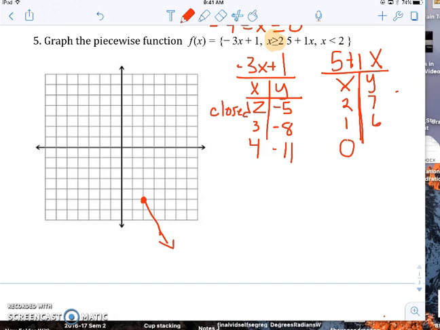And 5 plus 1 times 0 is 5. But this would be an open circle because of our inequality right here. So we have 2, 7, and then we have our piecewise function there.